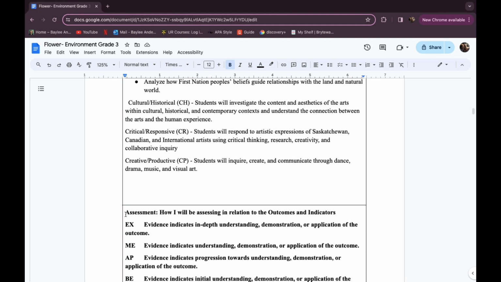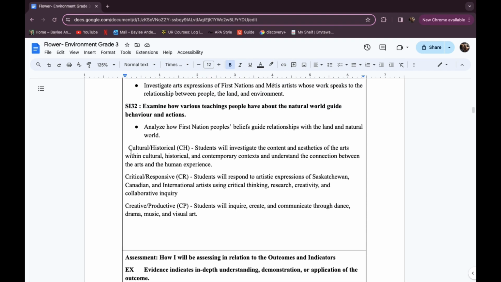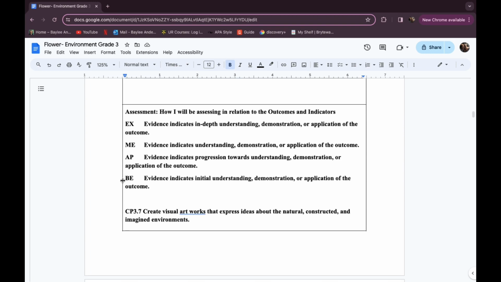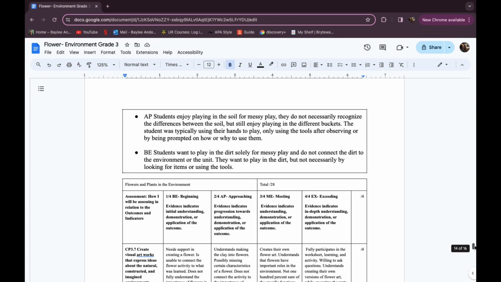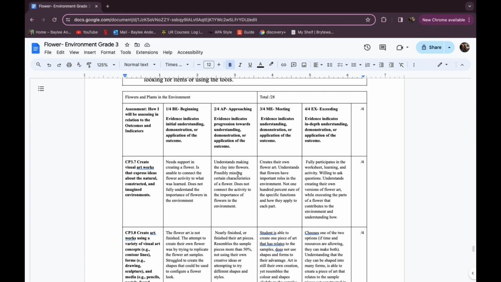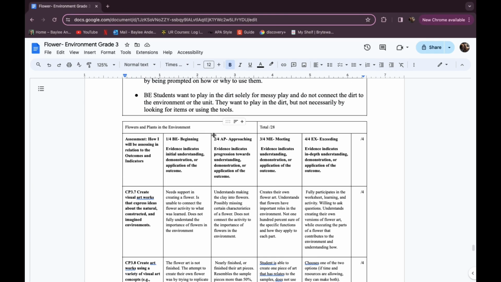Basically, I composed all of my outcomes and indicators into one single rubric. And I based it off of using a rubric around beginning, approaching, meeting, and exceeding. So basically, I copy and pasted what I have throughout the document into this single rubric.